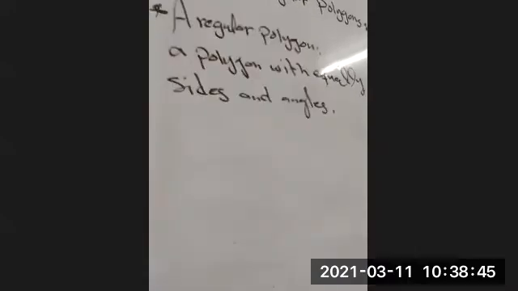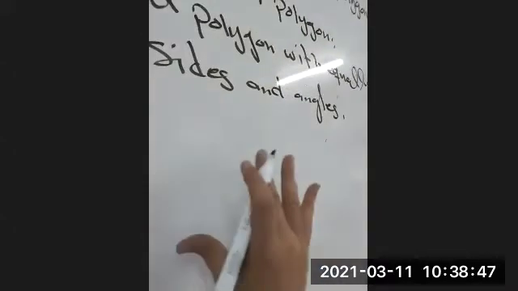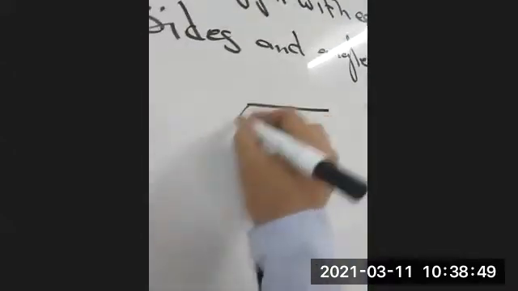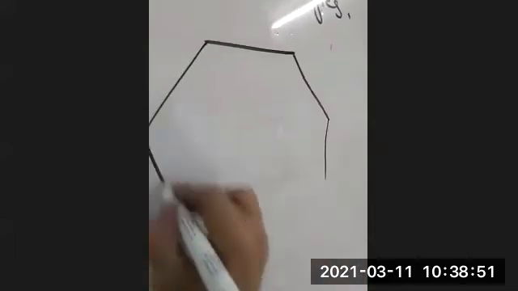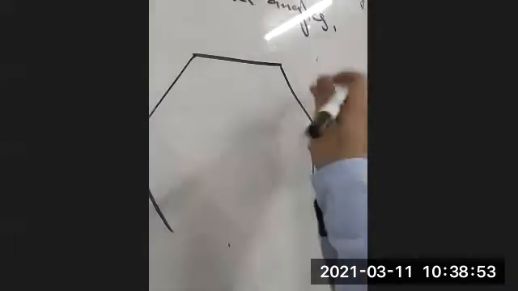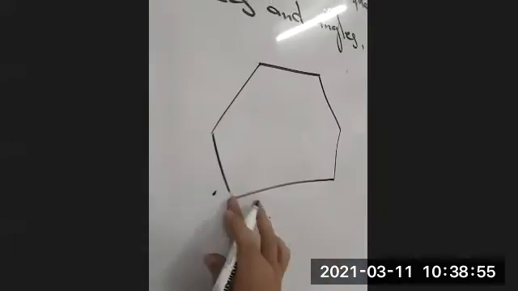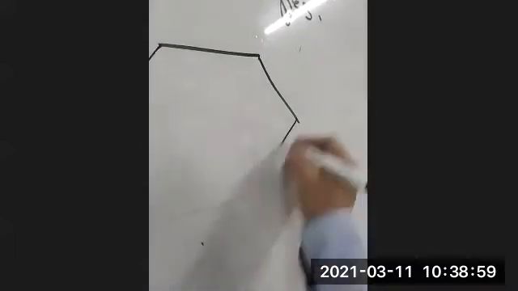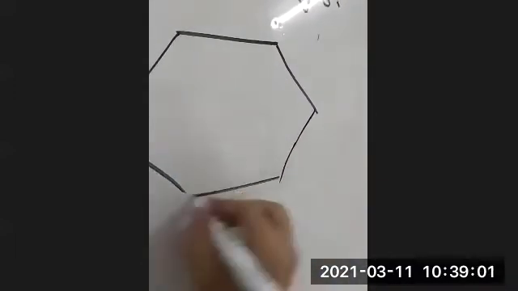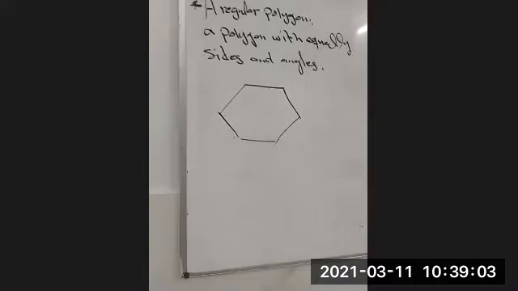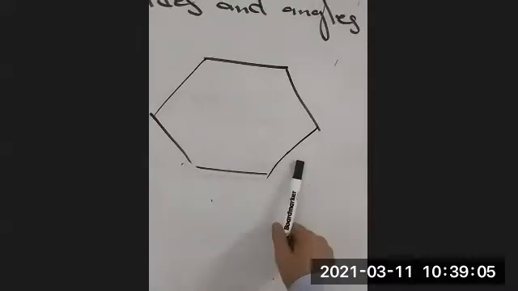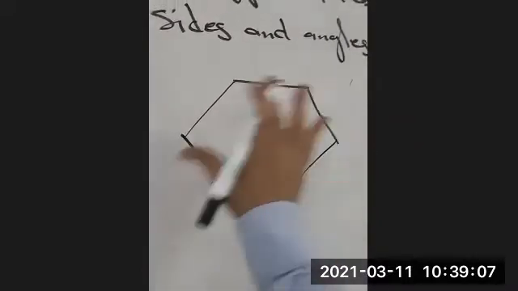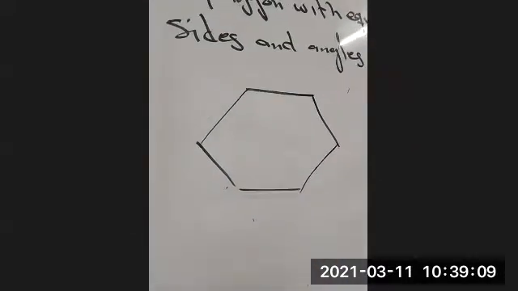It means if we have a polygon like the hexagon, hexagon means 6 sides. Okay? If we have a hexagon with 6 sides, let's count: 1, 2, 3, 4, 5, 6. This is a hexagon with 6 sides.